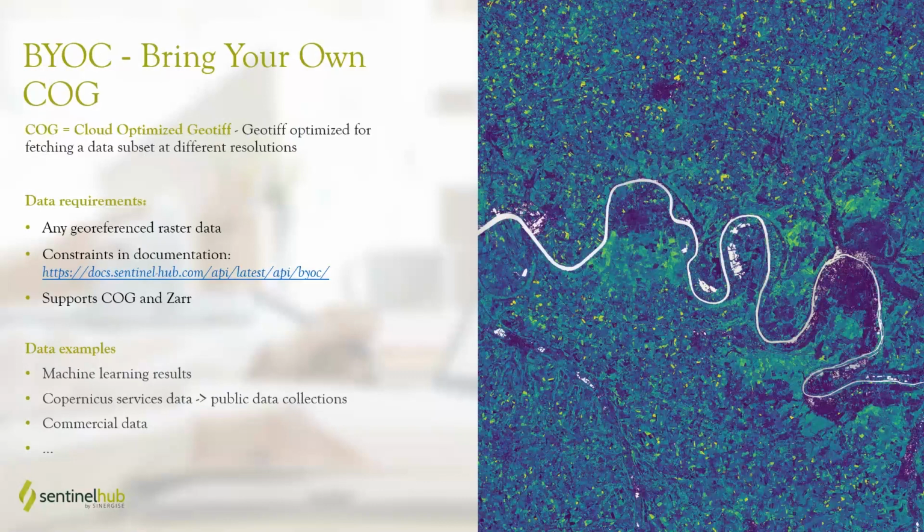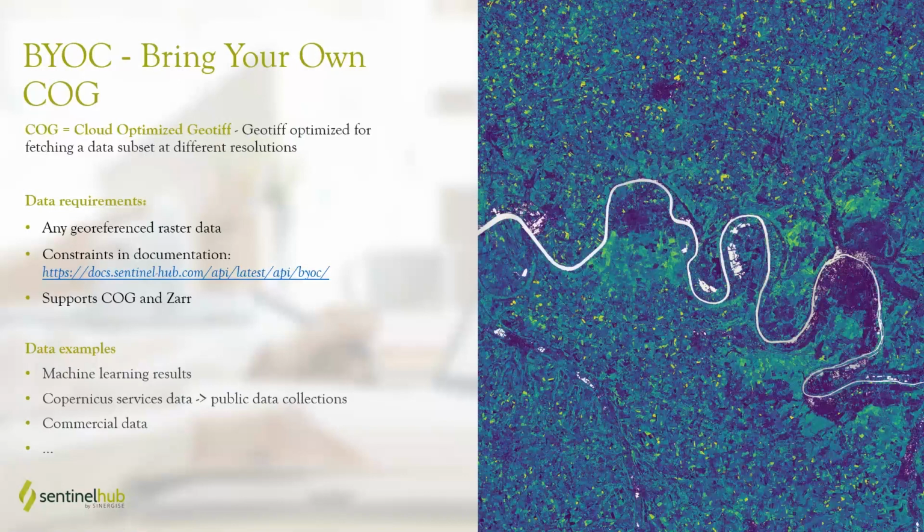Actually, any kind of georeferenced raster data can be imported as long as it follows our constraints for ingestion into Sentinel Hub. So the COG actually means Cloud Optimized GeoTIFF, and in more detail, you can see the definition written as well: a GeoTIFF optimized for fetching a data subset at different resolutions.